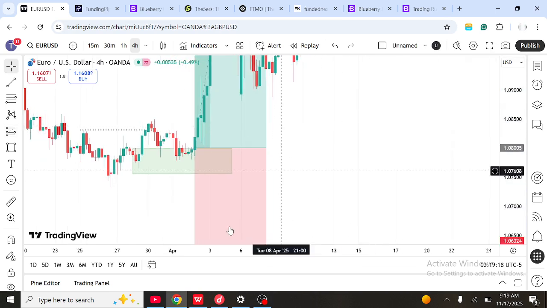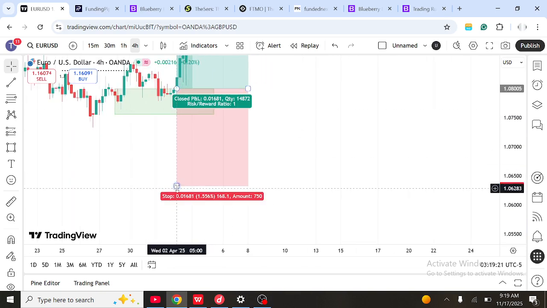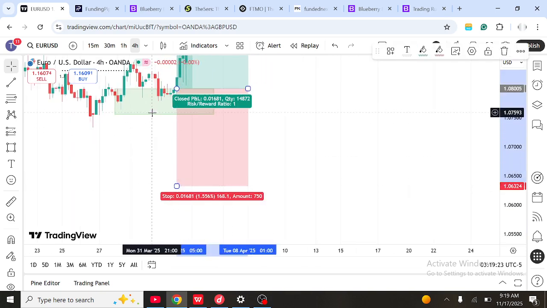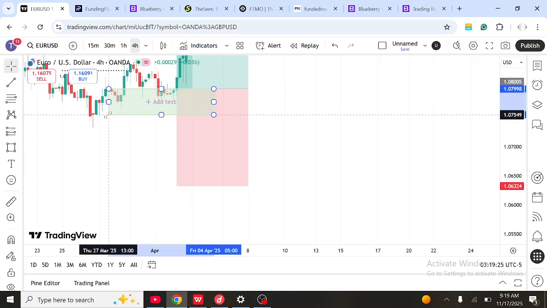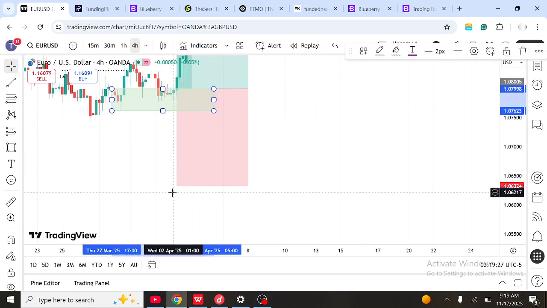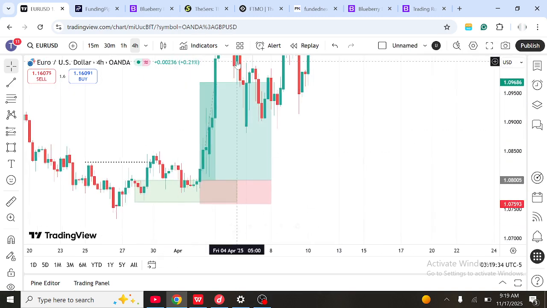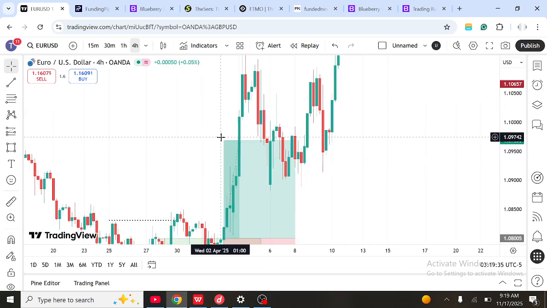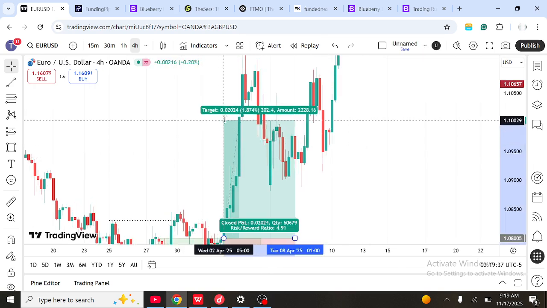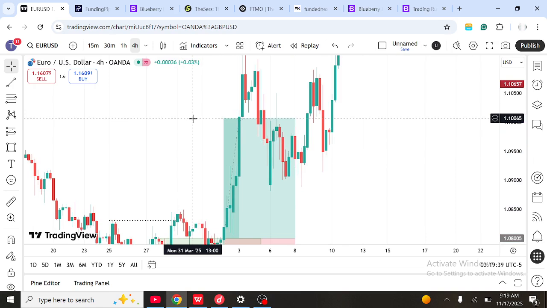Then the stop loss will be below, let me be sure, yes, so the stop loss will be below this order flow. And then our TP remains the same, 1:5. Very simple, you can see that.